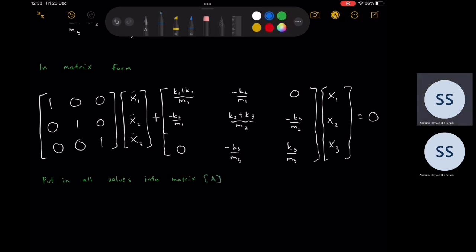So this has become our identity matrix, and this is our A matrix.